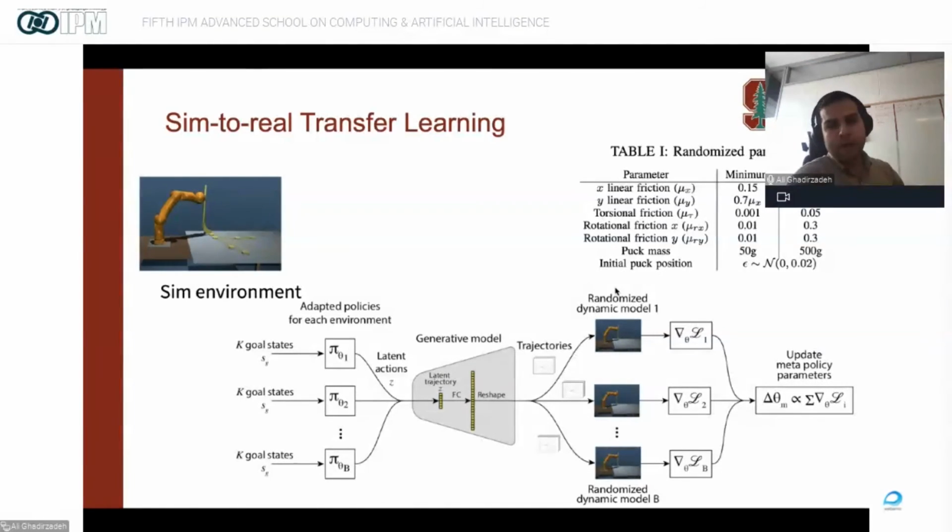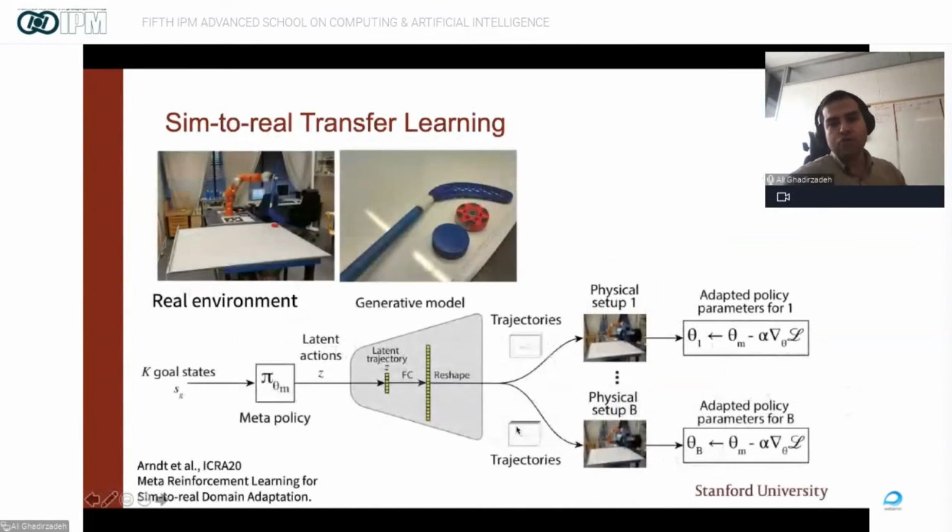We're going to use the MAML framework in this particular problem. Instead of learning one policy in simulation, we try to find an initialization of the policy parameters in simulation such that this initialization can be adapted to any of these simulators in few-shot learning. Our aim is that after we learn this learning agent in simulation, we can transfer it to the real world, and our real world of course has different parameters as well.